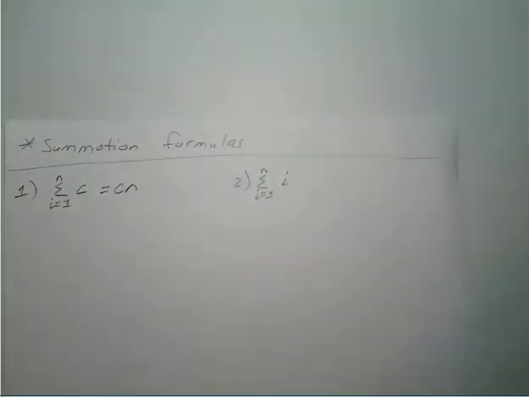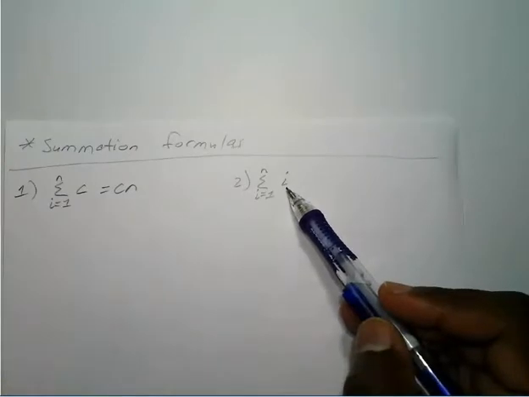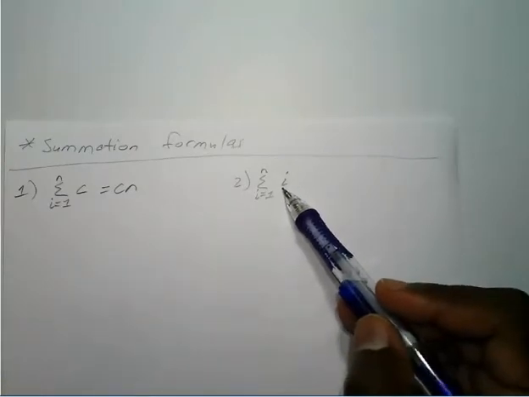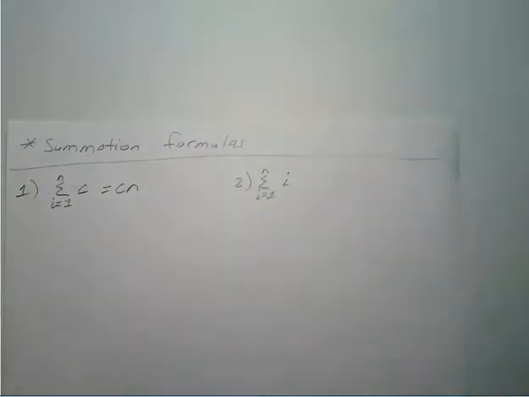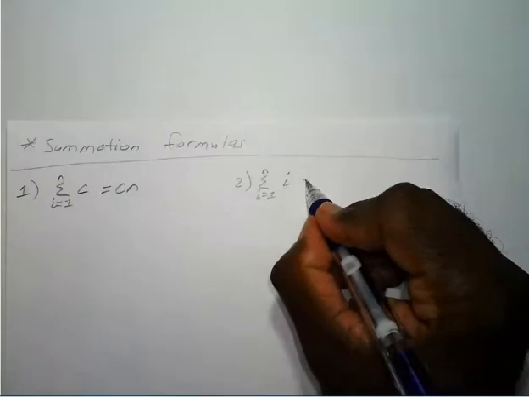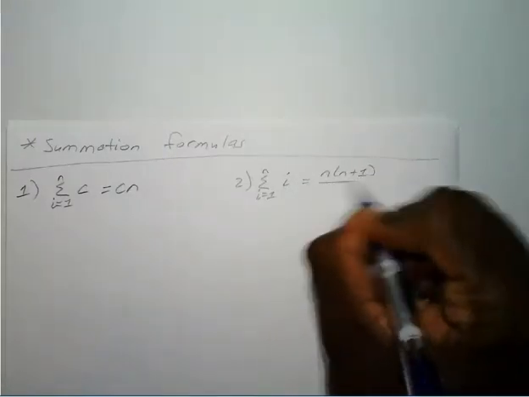Now you see how before we got the i and we had to add it and add it and add it. You don't have to do that. So if you have from i equals 1 to 30, you don't want to have to go, okay, 1 plus 2 plus 3 plus 4 plus 5 plus 6 plus 7. You don't have to do that anymore. That's going to equal n times n plus 1 over 2.